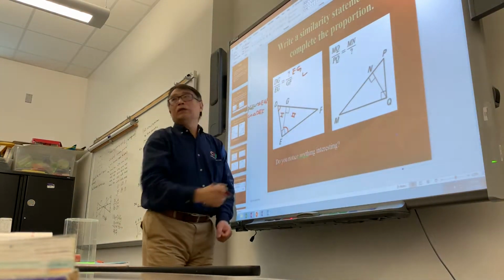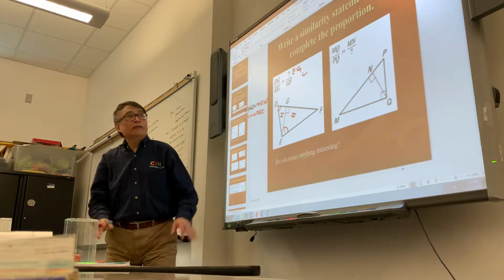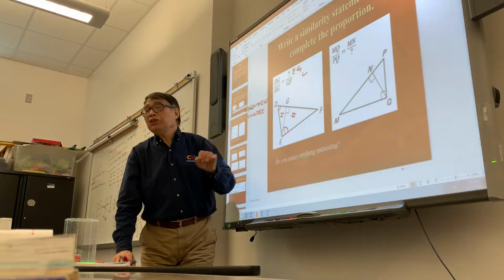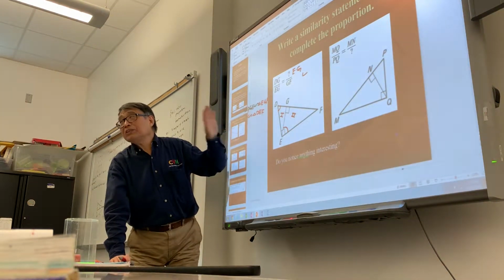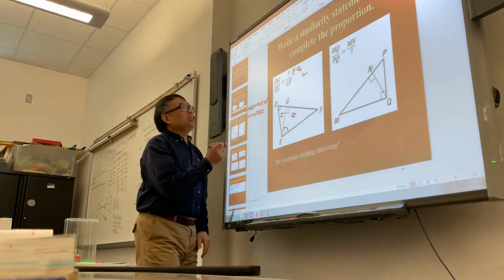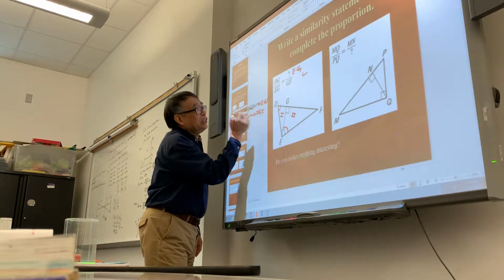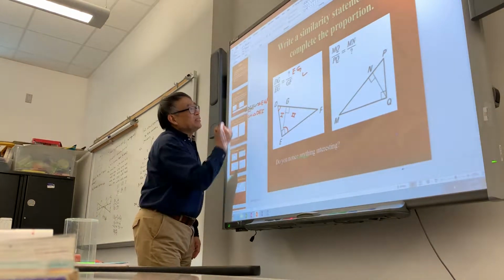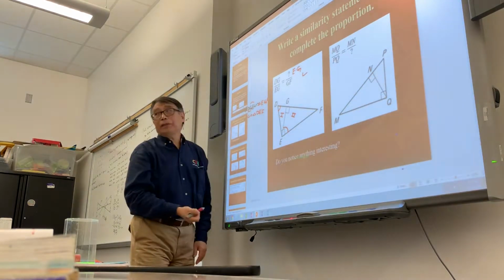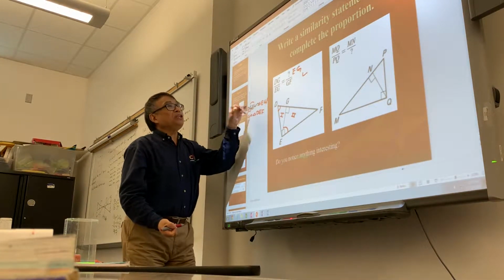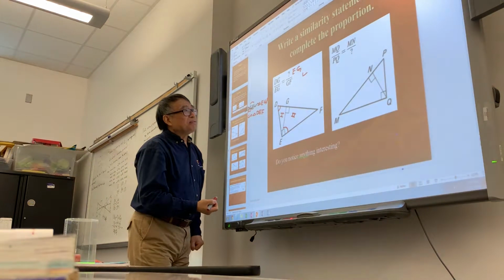Okay, thank you. Okay, how to do this part? DG over EG. I use this way to solve first. This is the textbook way to solve. DG is this side. EG is this side. Do you understand, please? DG over EG.